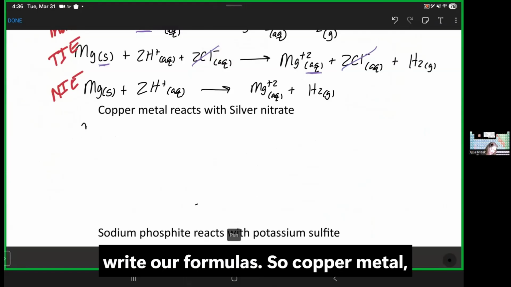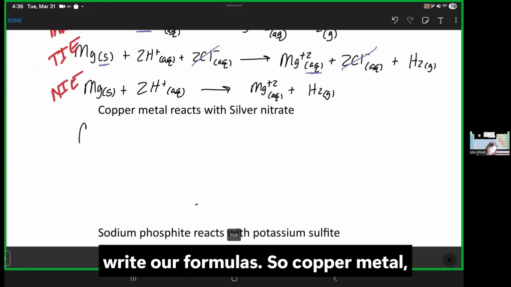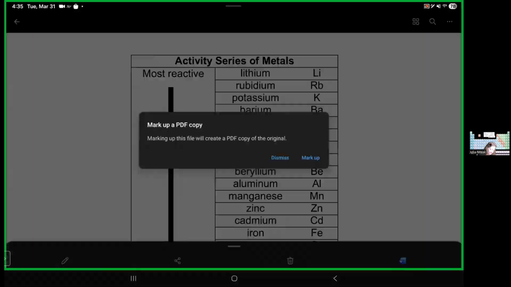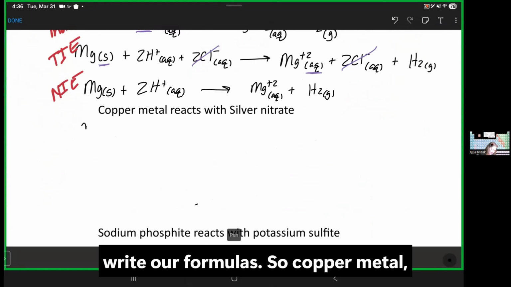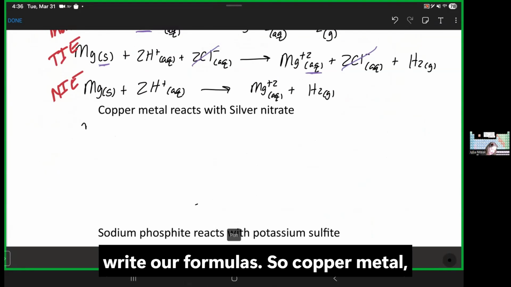Even if I did a different combination, like magnesium plus oxygen to make magnesium oxide, I'll go ahead and balance that. There's nothing aqueous in there. So there are no net ionic equations with combination reactions either.